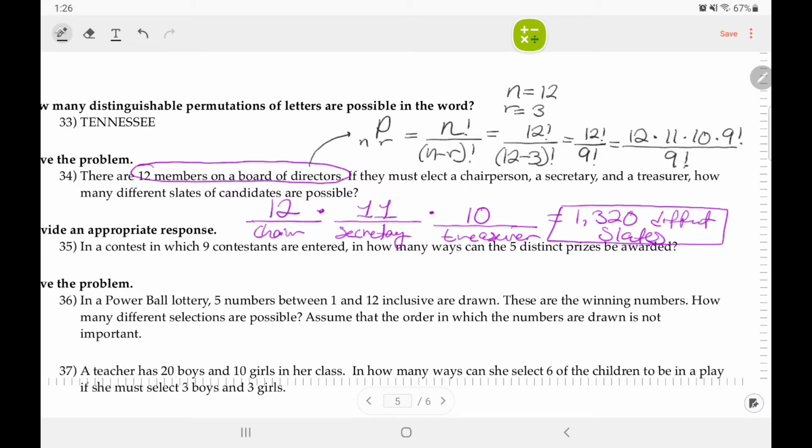We can then simplify the 9 factorials, and I am left with 12 times 11 times 10, which equals 1,320 different slates of candidates.